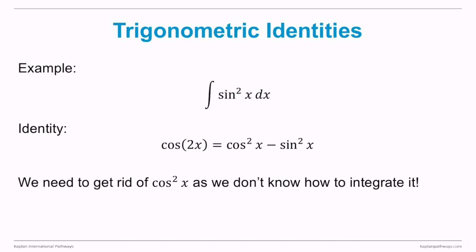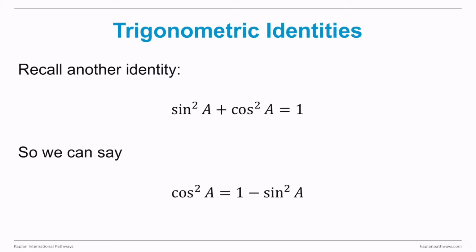We need to get rid of cosine squared, so we can use 1 minus sine squared instead, as we don't know how to integrate cosine squared.